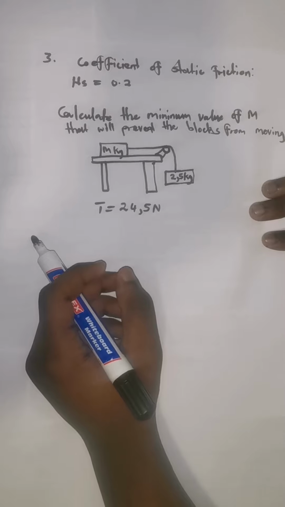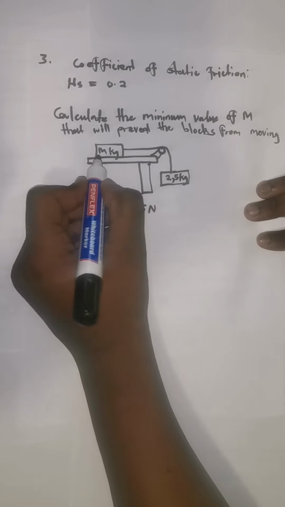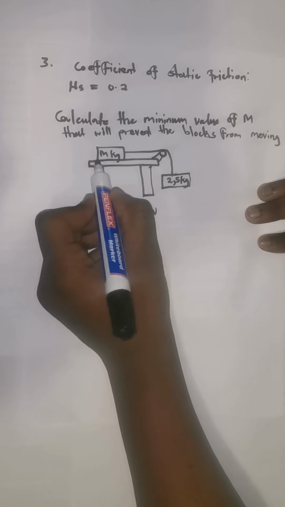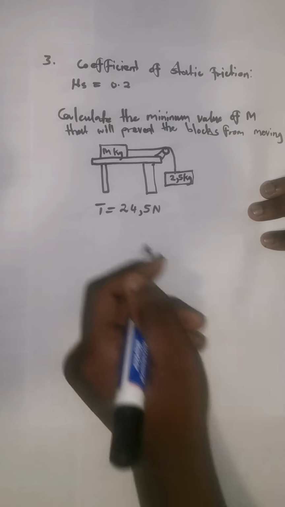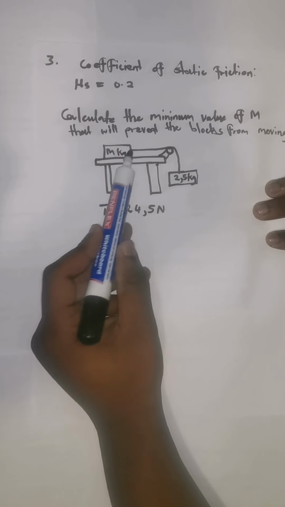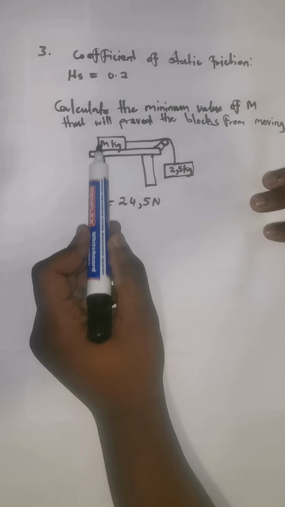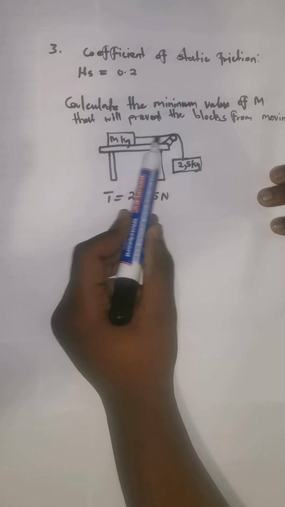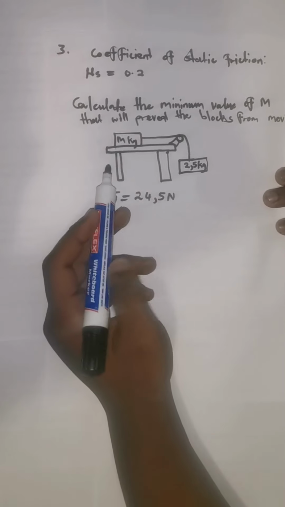And then we now have factored in the friction, which is the friction that will exist between this block right here and the table, right? So that means that, remember, using Newton's third law, we are told that when object A exerts a force on object B, B will exert the same force, but in a different direction.